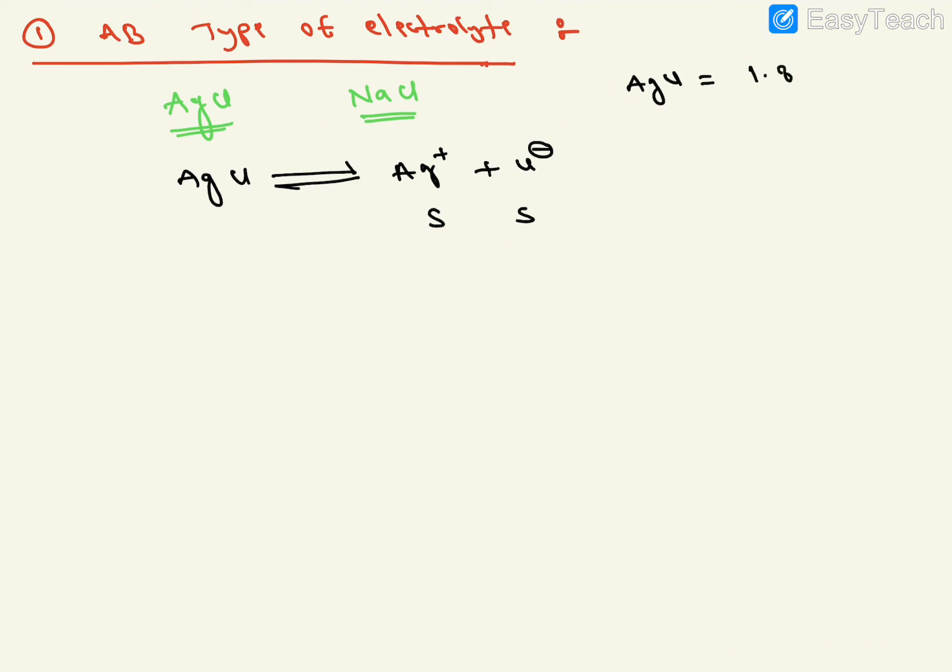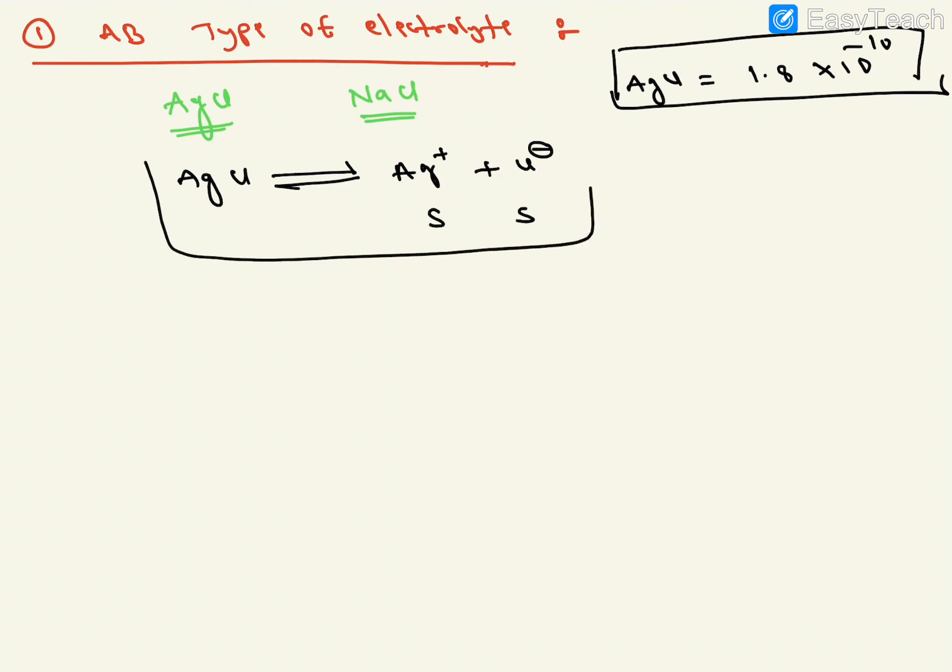Generally we know that the solubility product of AgCl is a constant value, 1.8 into 10 to the power of minus 10. This is the Ksp value, right? For this solution, this dissociation is taking place.